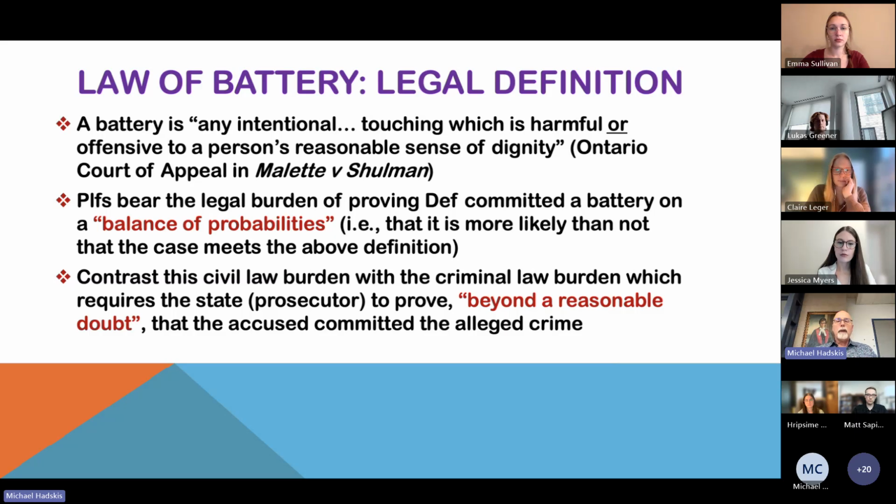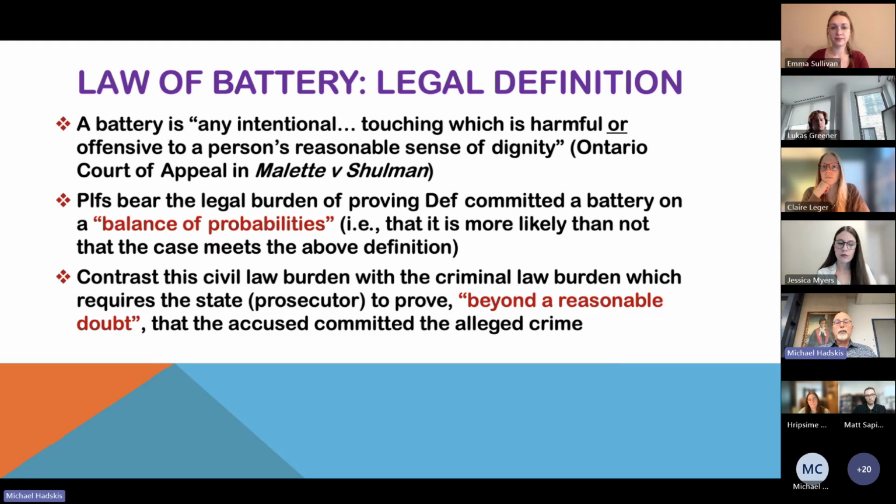It means Millett has to adduce enough evidence at trial to show it's more likely than not. Think of it as 51% probability that Schulman is liable for the tort of battery. Okay, which means essentially that this definition of battery has been made out by Ms. Millett, if she's able to show on a balance of probabilities that the evidence supports that.